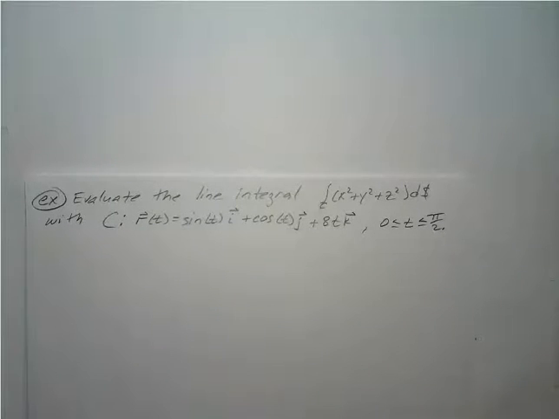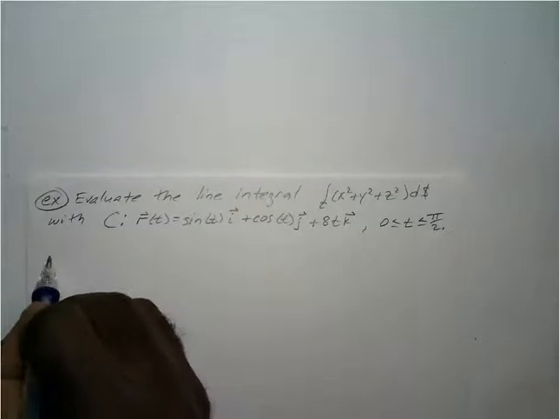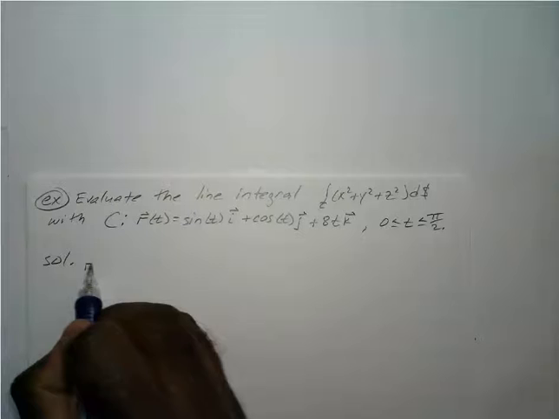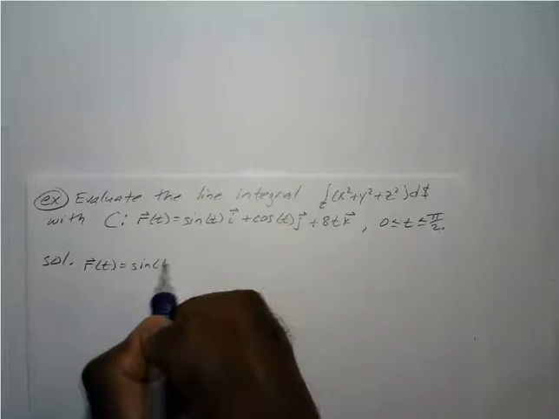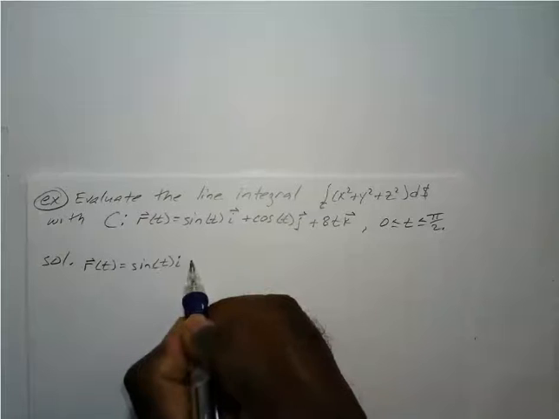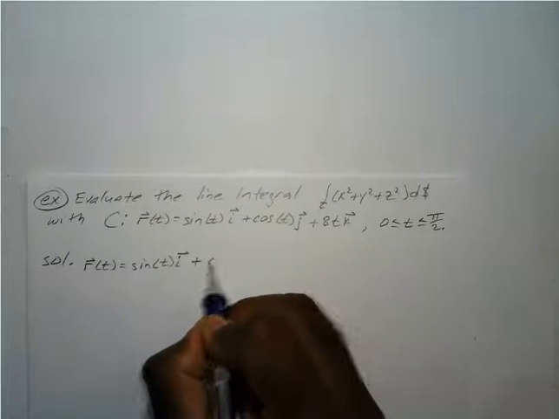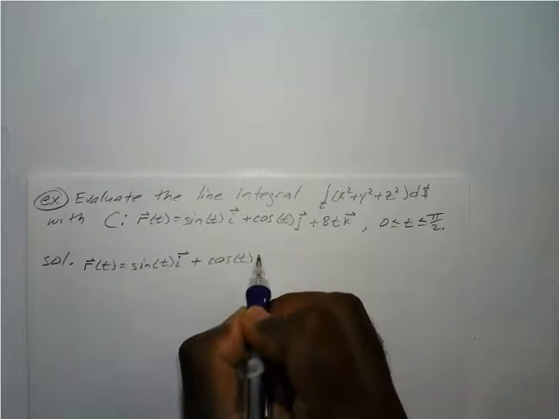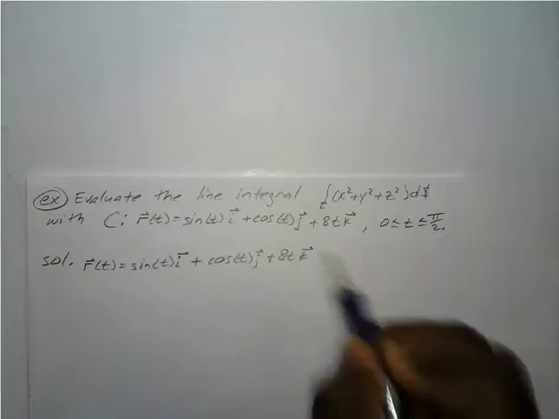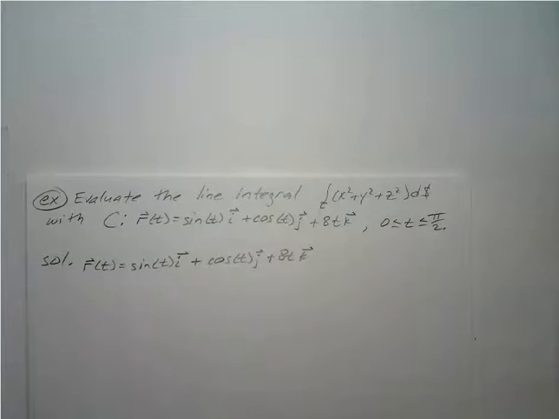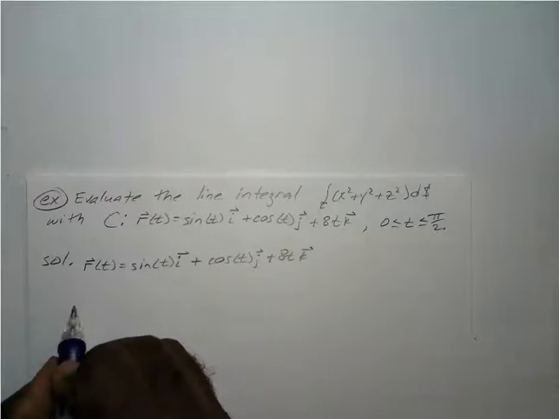Alright, so just like before, r of t is equal to sine of t times the i unit vector plus cosine of t times your j unit vector plus 8t times your k unit vector. All right, take the derivative of that.